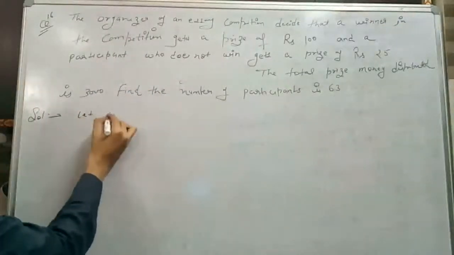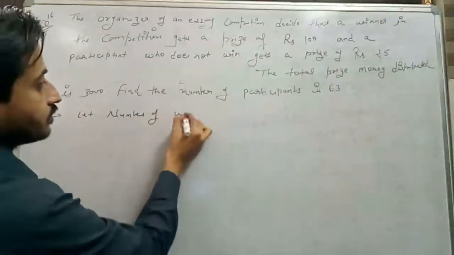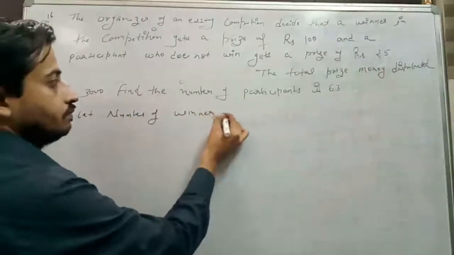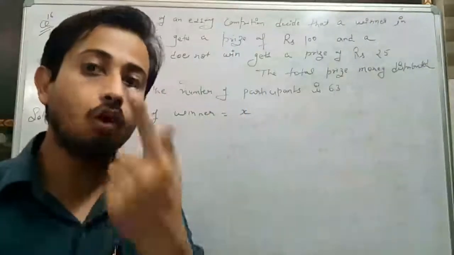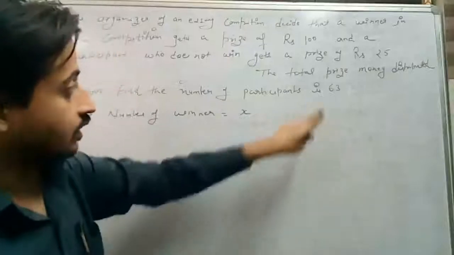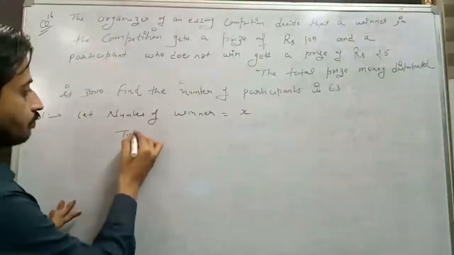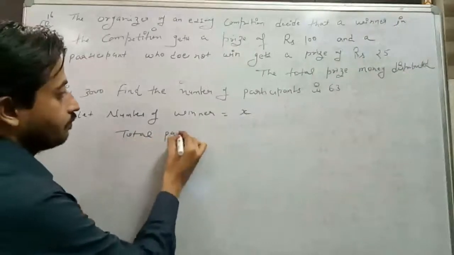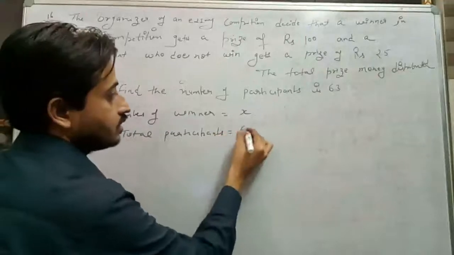Let the number of winners be x. Then the total number of participants is 63.